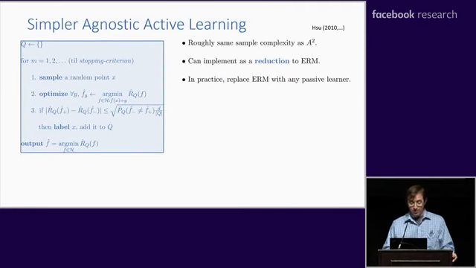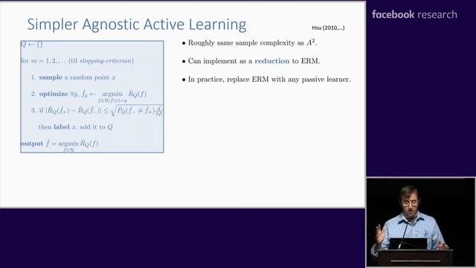Okay. I'll mention also there is a simplification of this algorithm that makes a lot of practical sense. This is based on work from Daniel Hsu and other co-authors over the years. Basically, it would be nice if you can implement this as a reduction to empirical risk minimization.